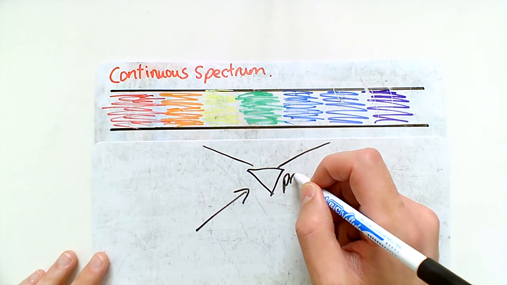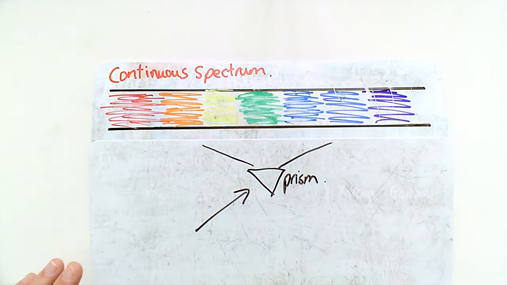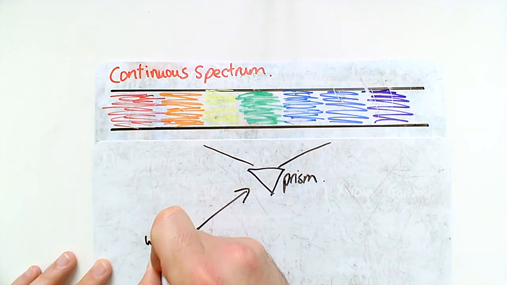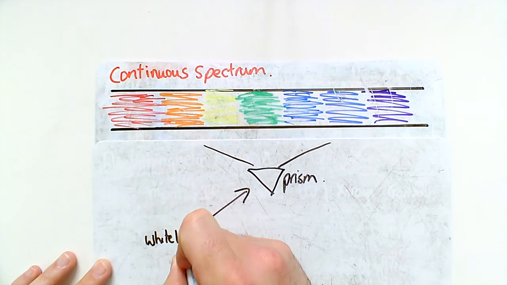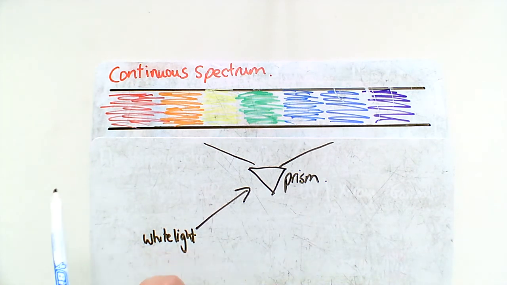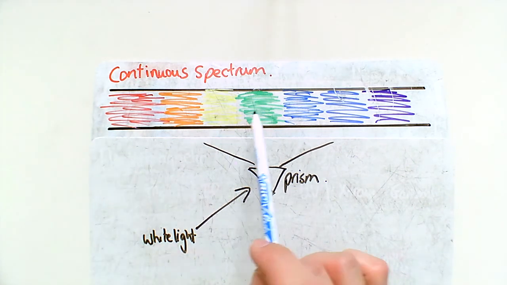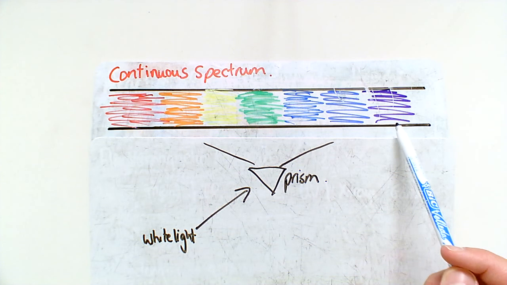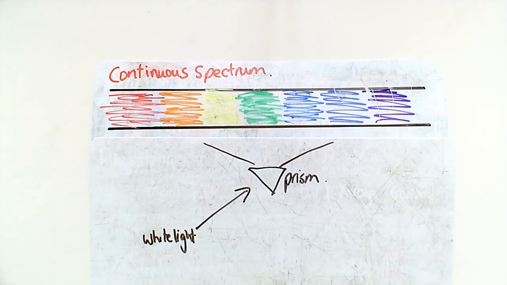So that's a prism. Now if we have nothing and it's just pure white light, what we get is the full spectrum. So what we have is red, orange, yellow, green, blue, indigo, violet light, all the colours of the rainbow.